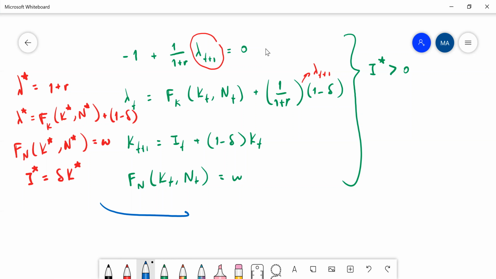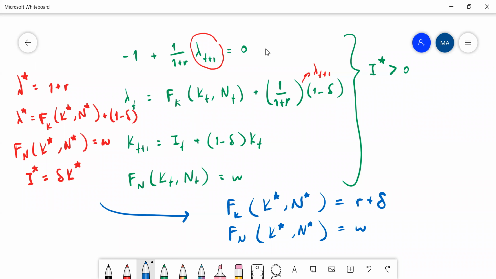Check that. So in the second step, you're gonna have F_K(K star, N star) equals R plus delta. F_N(K star, N star) equals W, right? So this becomes the cost that the firm pays for capital.